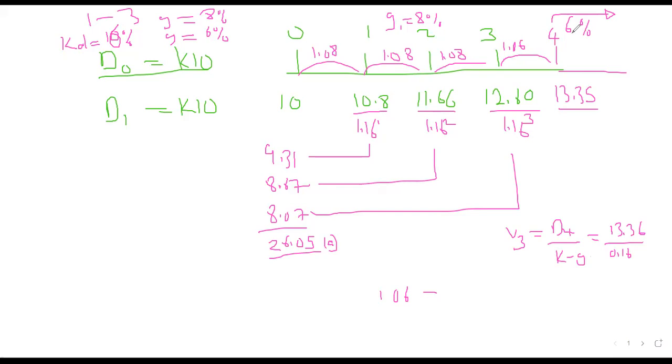Then 6% was our growth rate for the new period, 0.06. So we're going to have 13.36 over 0.16 minus 0.06, which is 0.10. So here we're going to have 133.6 as the value of stock as of year 3.